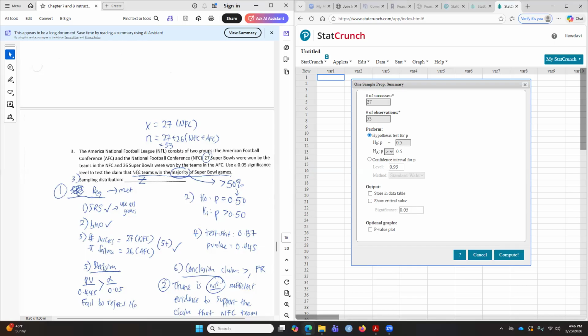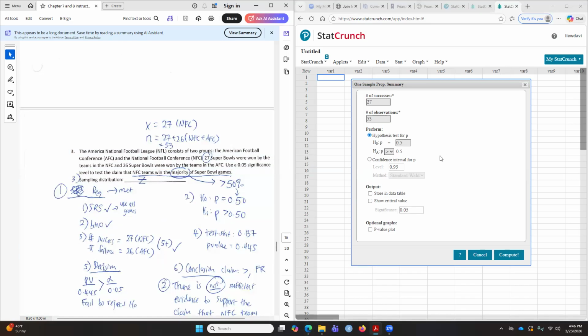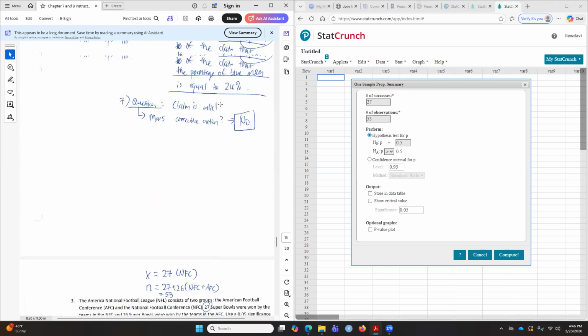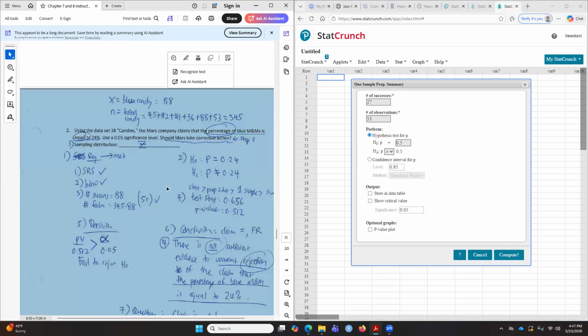What I underlined in blue here is what we call the claim statement, and this is what we try to prove. Make sure you know the claim statement. Every single question you read will have a claim statement, and usually it comes right after the word claim.